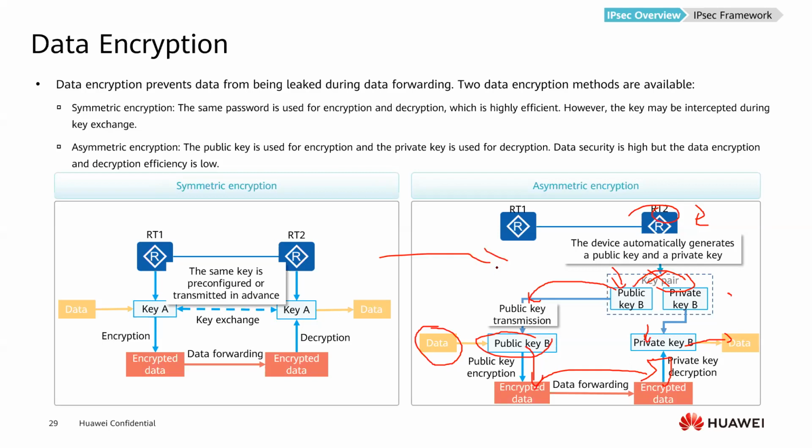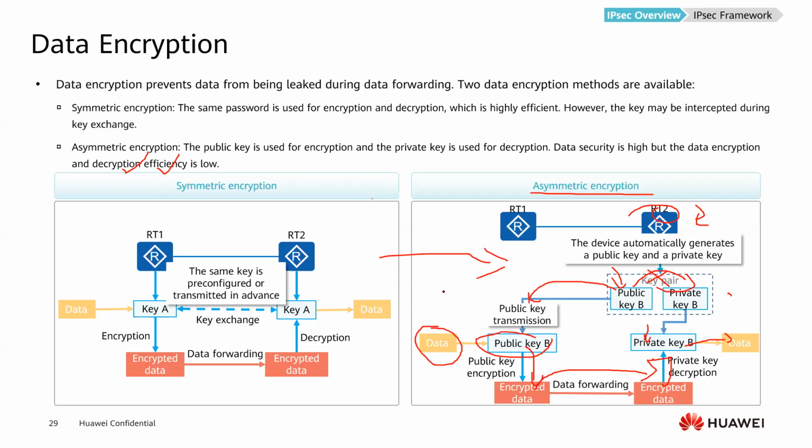There's some formula here. So anyway, let's continue. You can see the asymmetric encryption is very secure, but the decryption for asymmetric encryption is low efficiency. The decryption is very slow.